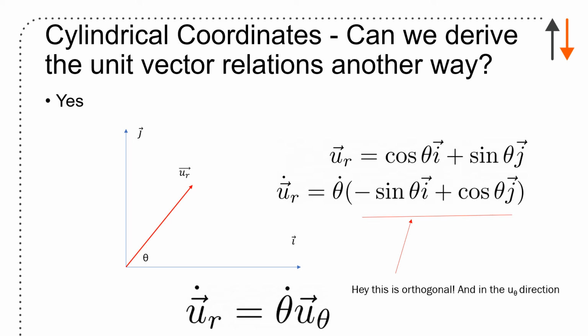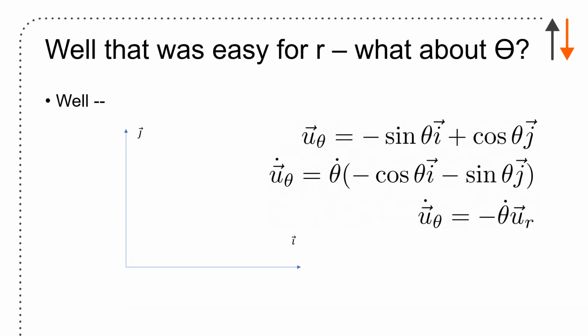And just a really quick picture, tack on u theta, and make this nice normal direction. And you can do the same thing, and you find the same sort of result for u theta dot, and you find that it's the negative of theta dot u r.